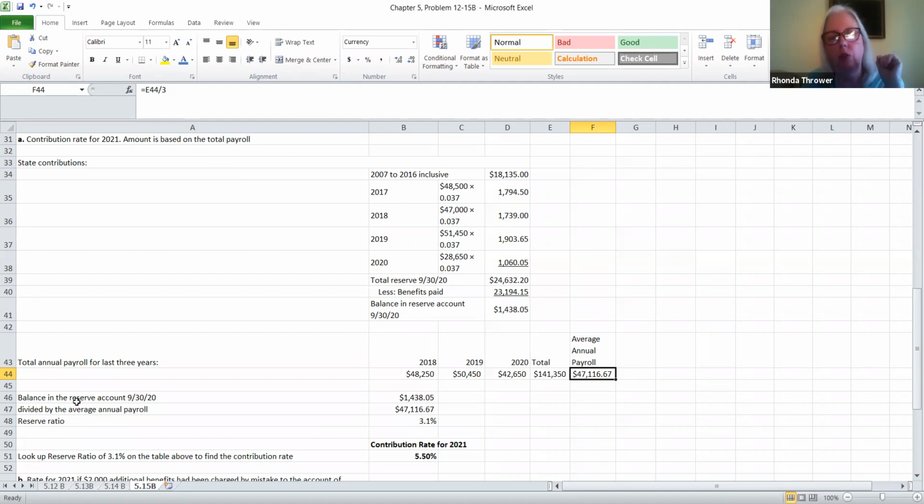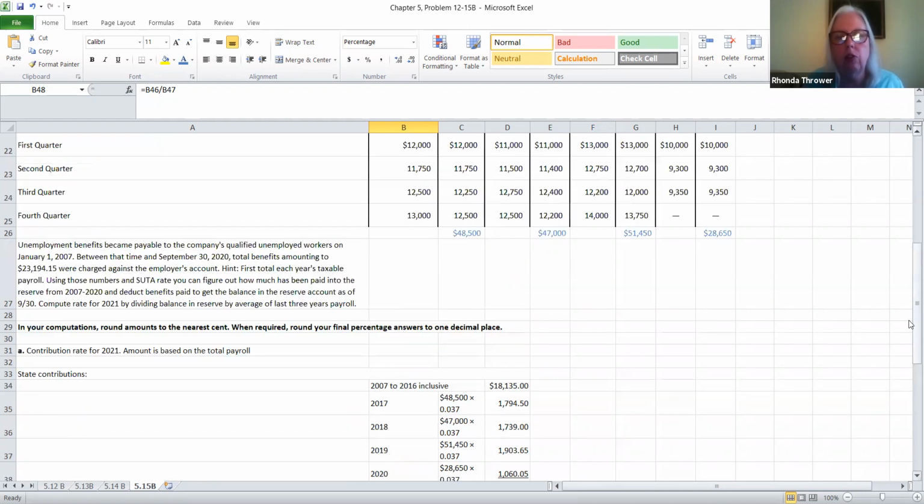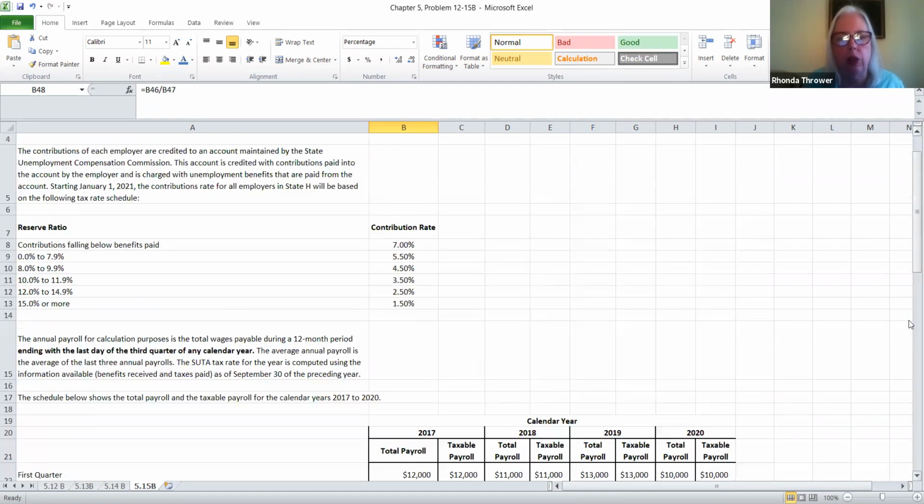The contributions in versus what was paid out is the balance that would be divided by the average annual payroll that we found. When you divide that, it's going to give you 3.1%. This 3.1% is the reserve ratio that you're going to look up on the table that they gave you.